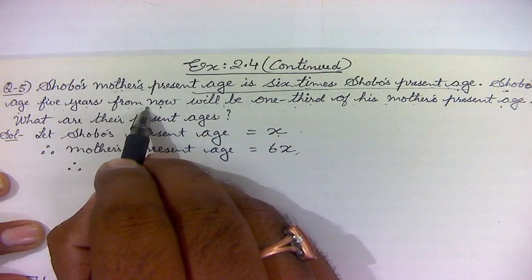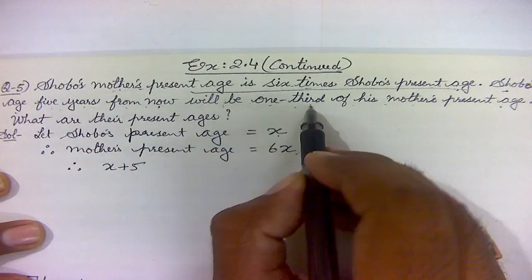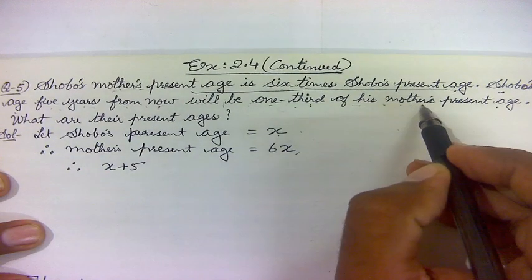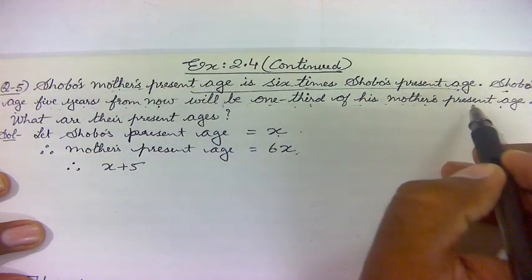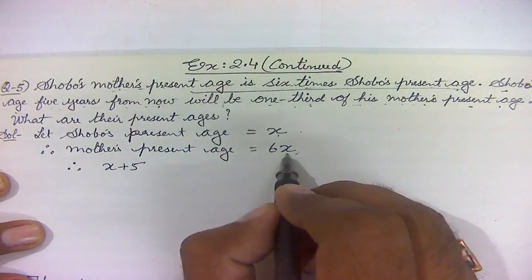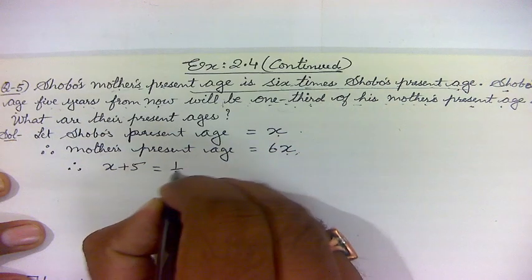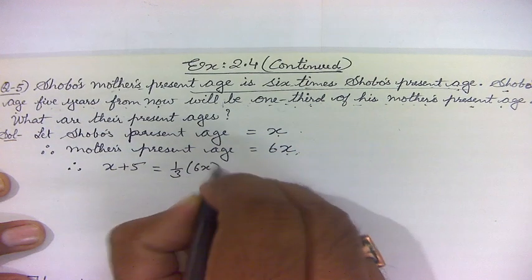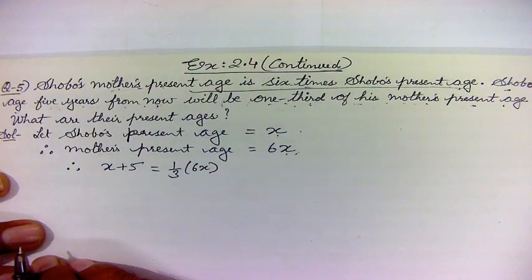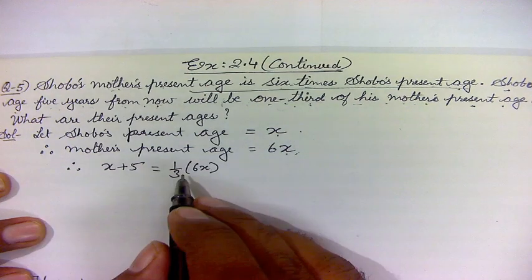Shobo's age after 5 years is 1/3 of his mother's present age. So what is mother's present age? It is 6x and it will be 1/3 of that 6x. So 1/3 multiplied by 6x. This is the equation which you get.